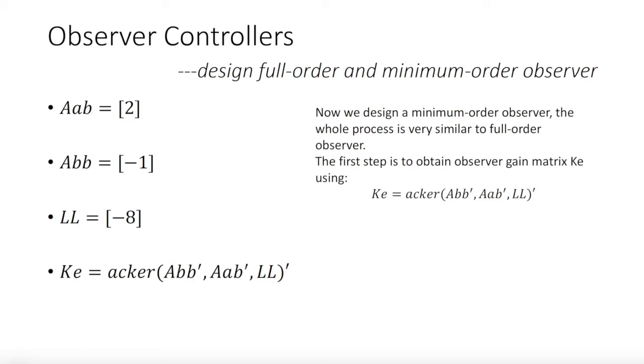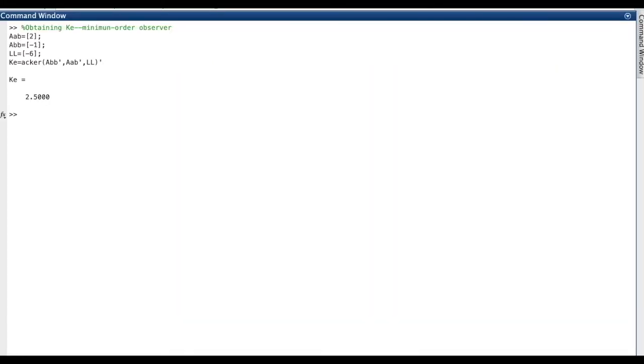Then using these three to find the KE, we will use the ACTR function to find the KE, to have the observer gain equal to minus 8, which K is equal to 2.5.